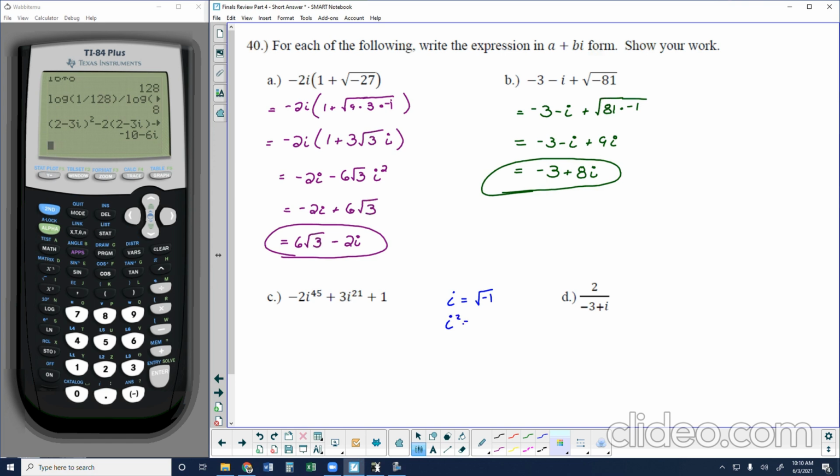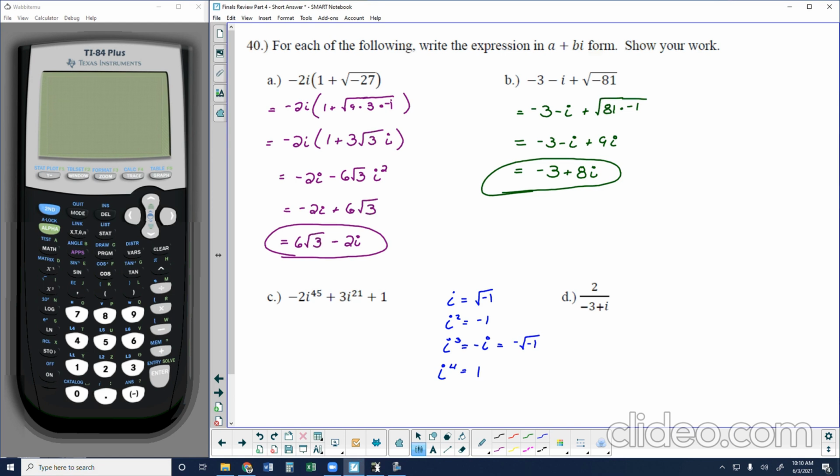Then i squared would be -1. i cubed then would be the same as negative i, and then i to the fourth power would be the same as i squared squared, which is 1. So negative i would also equal negative root -1.